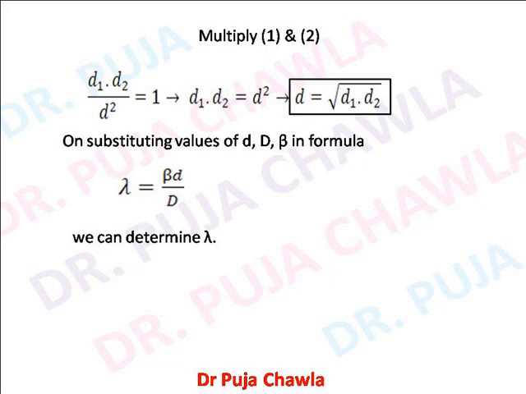Focus on this mathematics. It would be clear to you that small d is equal to the square root of d1 and d2. d1 is measurable, d2 is measurable experimentally. On substituting these experimental values, you can find out the experimental value of small d.